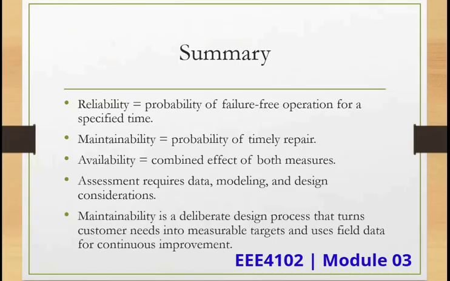Availability, finally, is a grand metric whereby, as we've already seen, it combines the effect of both reliability and maintainability. A highly available system, we need to know, is one that not only fails less often, but also gets fixed faster.